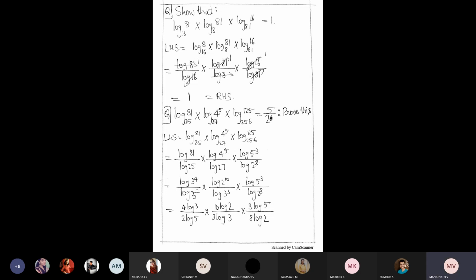You have to just stop there and the rest we'll discuss tomorrow. Either Nagadanush or Sumed or Srikanth will help me in taking the LCM. Nagadanush, I need this to be solved by taking proper LCM and the final answer.